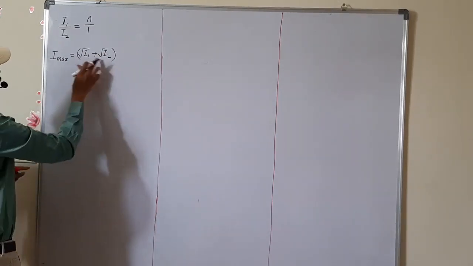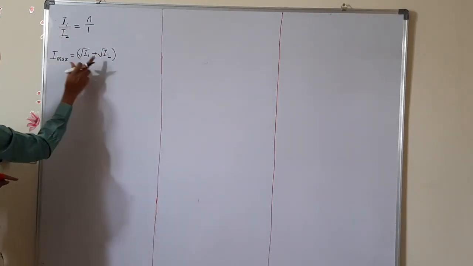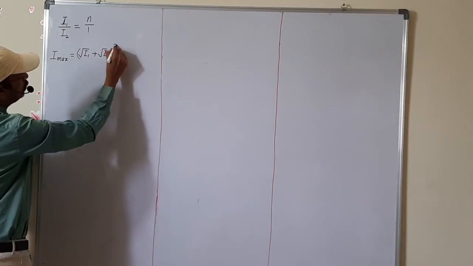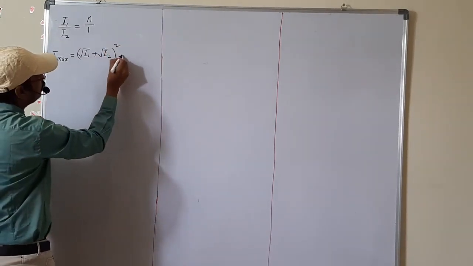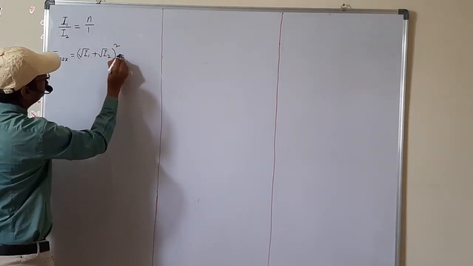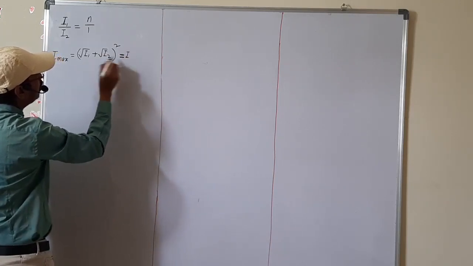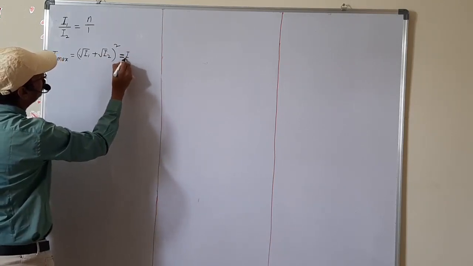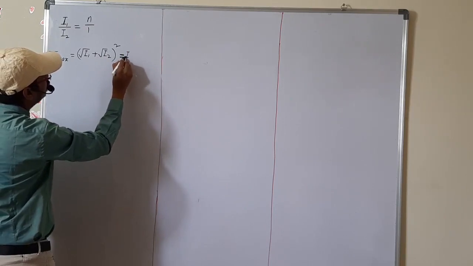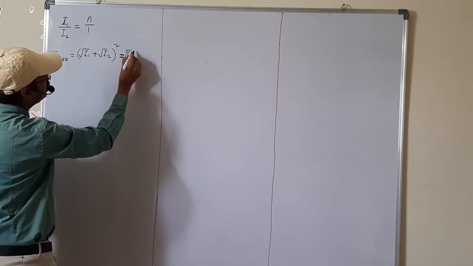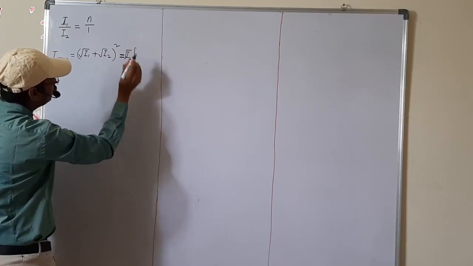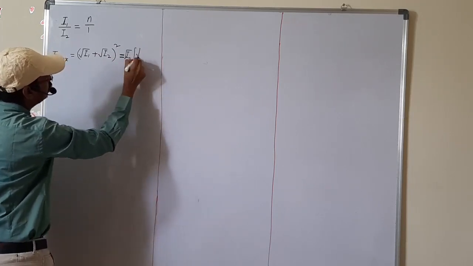The root I1 I2 means given the value by I1 upon I2. If you take the common root I2, that time what will happen?